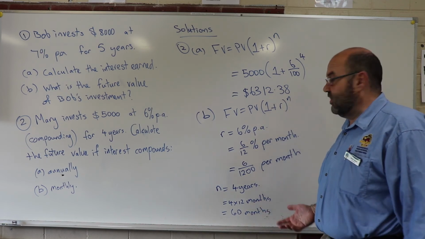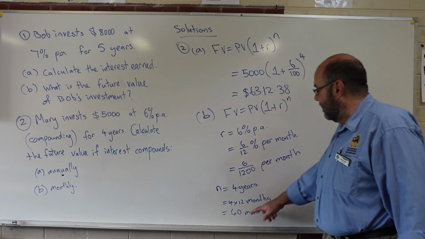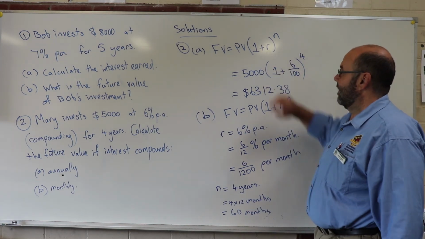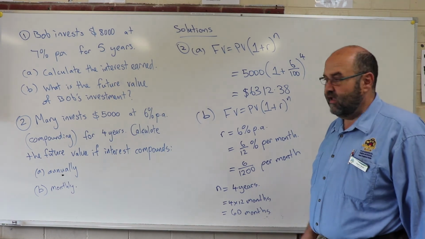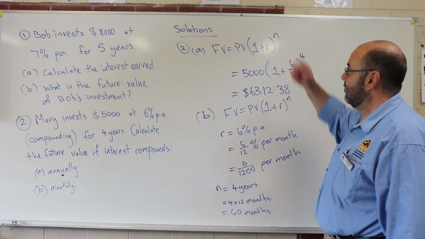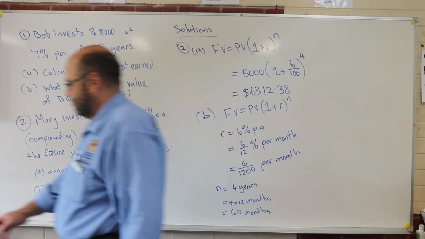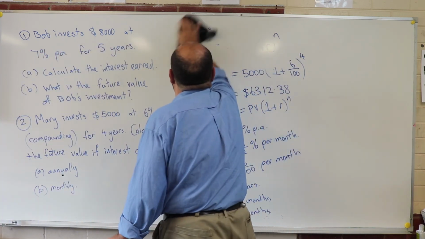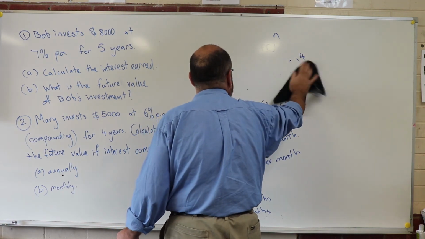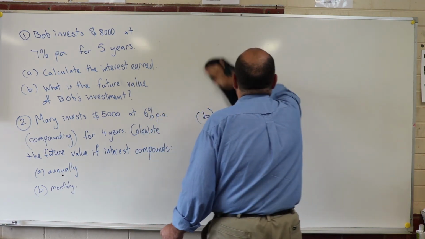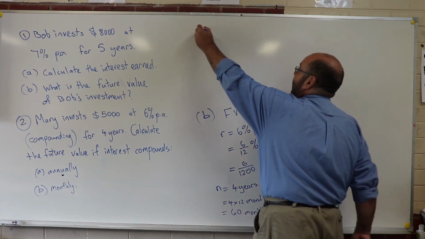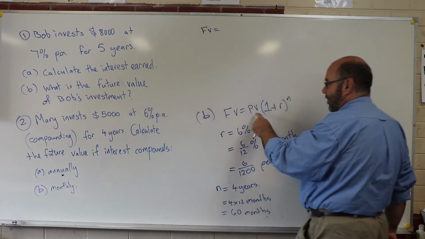So now I can come along and I can put these numbers into my formula. Okay, I'm going to clear up what we did up here in part A, so I can continue my work up the top of the page. Okay, so our future value is going to equal our present value.